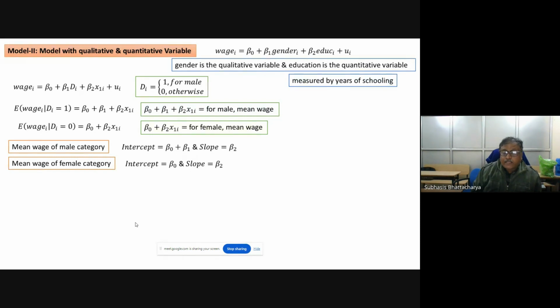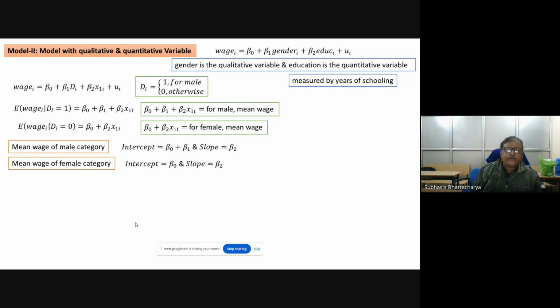It means a boy and a girl of the same years of education, when they try to enter into a job market, at the entry point, they receive different wages because intercepts are different. But the slope, that is the growth of the salary, is the same. That means if the boys get the first increment after 3 years, the girls also receive the first increment after 3 years. But their intercepts are different.